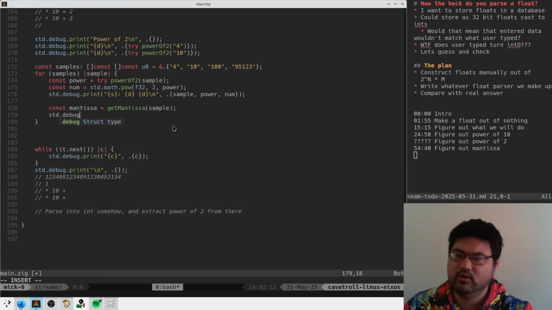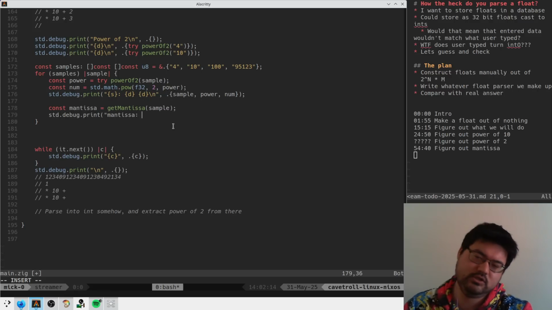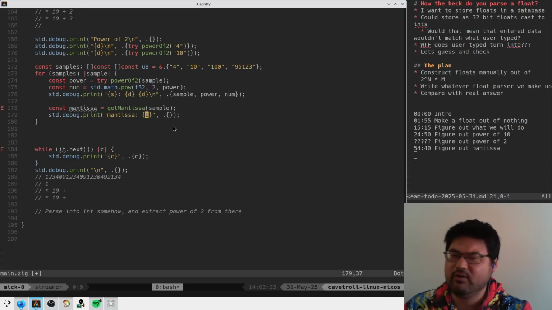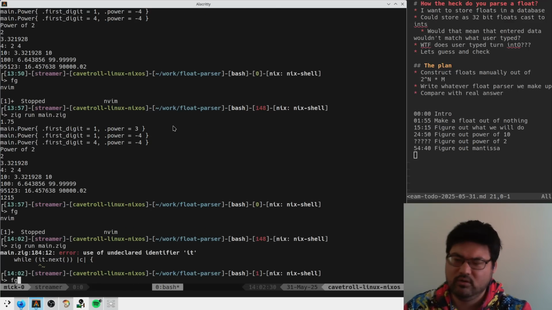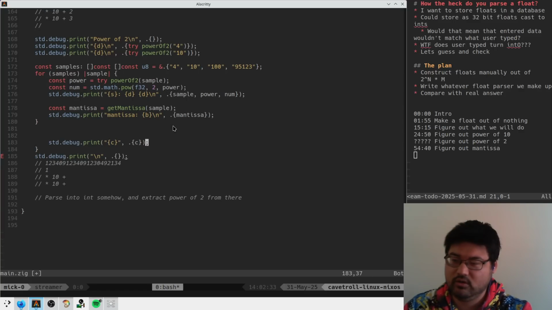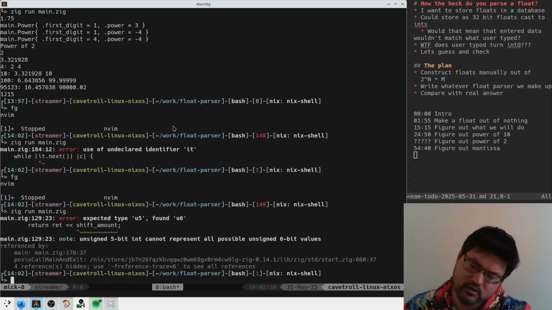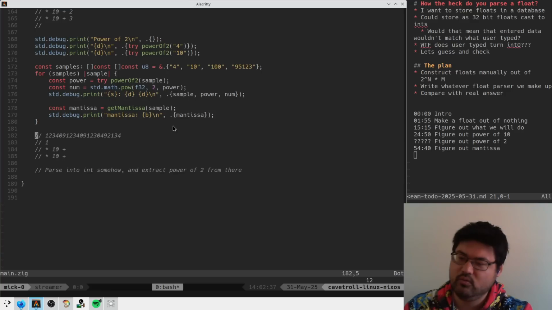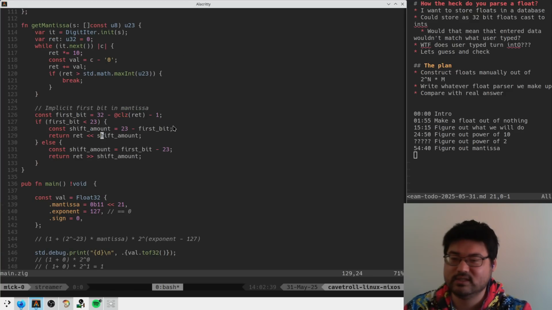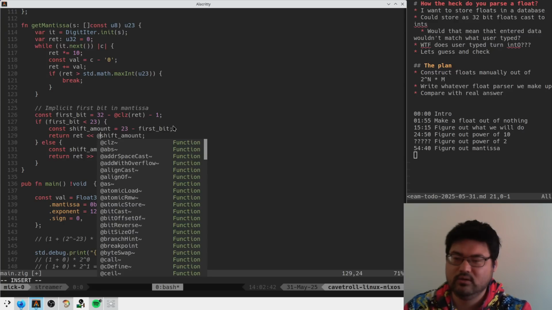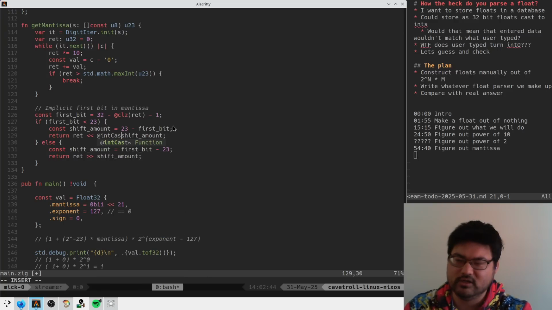Okay. Let's just kind of see what we get. I guess printing in binary makes sense here. Weirdly. Okay. The compiler is pissed. I guess we just intCast this here.